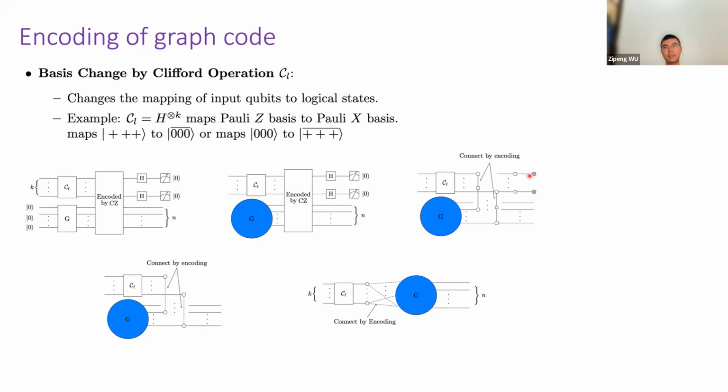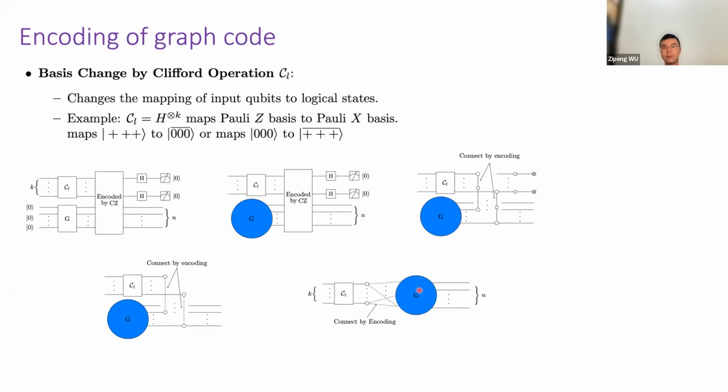Then it interchanges the color into the white nodes, and we connect the top k qubits with the last n qubits according to the code word alpha. Therefore, there will be some Hadamard edges between the top k qubits and the last n qubits, and we can readily merge this Z spider within the Z spider in the graph state, and turn it into this ZX encoder diagram. There are n plus k white nodes, k Z spiders over here, and n Z spiders over here.